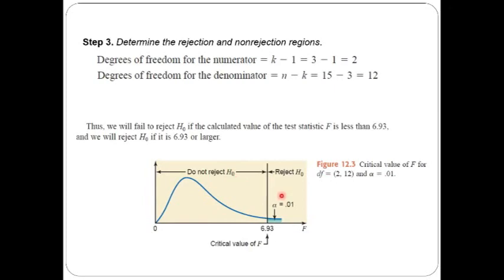Kapag naman yung makakompute natin later is pumasok siya dito sa highlighted na area, i-reject natin si H sub 0 or yung null hypothesis. And then yung critical value natin again is the 6.93.